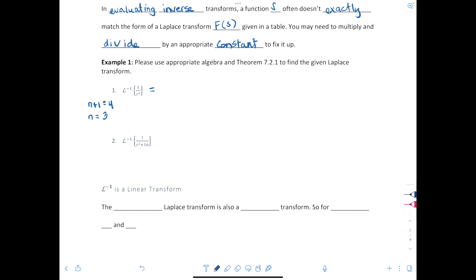So this would be equivalent to 1 over 3 factorial times that inverse Laplace transform of 3 factorial over s to the 4th. Now it's going to fit our formula, and so we'll get 1 over 3 factorial times t to the 4th, which of course is t to the 4th over 6. Cool, cool?